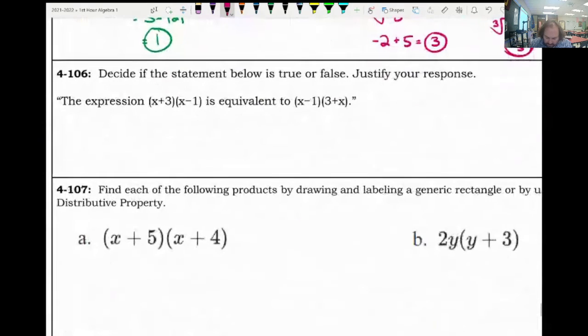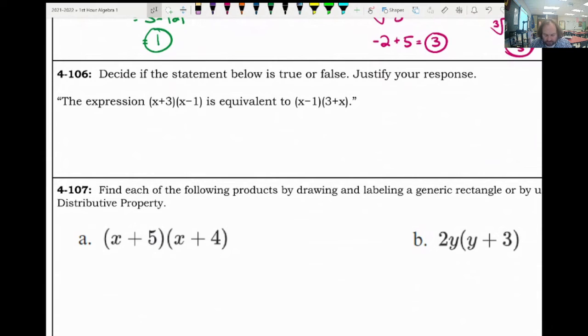For 1.06, decide if it's true or false and justify. Is x plus 3 times x minus 1 equal to x minus 1 times 3 plus x? It is true, for two reasons. Number one, order doesn't matter when you're multiplying.